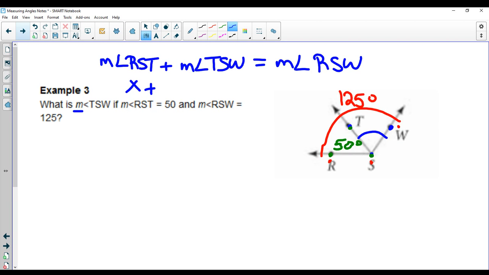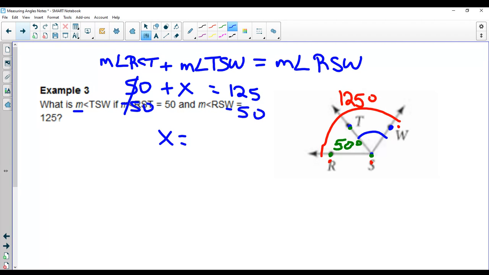Whoops, no, I lied. I read the problem wrong. I'm sorry. This is what we want, X, plus RST. They told us what RST was. That's 50. They told us RSW is 125. Sorry about that.